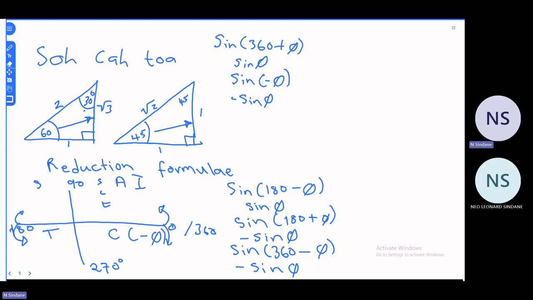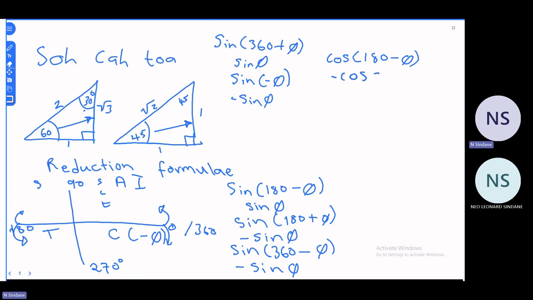Let's come to cos. Okay, so you're looking for cos of 180 minus theta. Now, when I'm saying cos of 180 minus theta, 180 minus theta is quadrant 2. In that quadrant, only sine is positive. So when only sine is positive in that quadrant, therefore your cos will be negative.